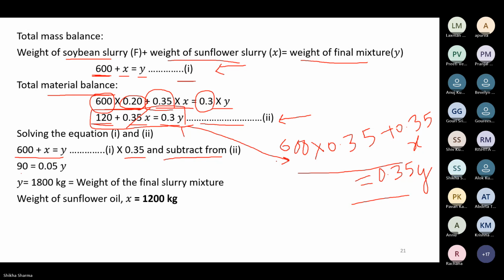So 600 into 0.35 is, multiply and tell me. Anyone? 600 into 0.35 is 210.